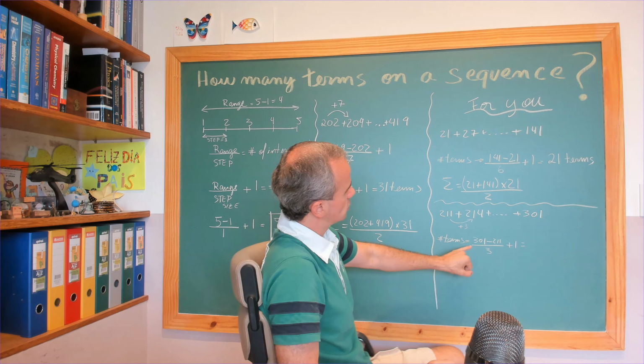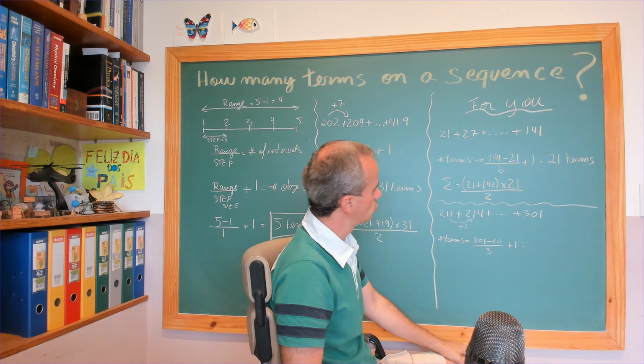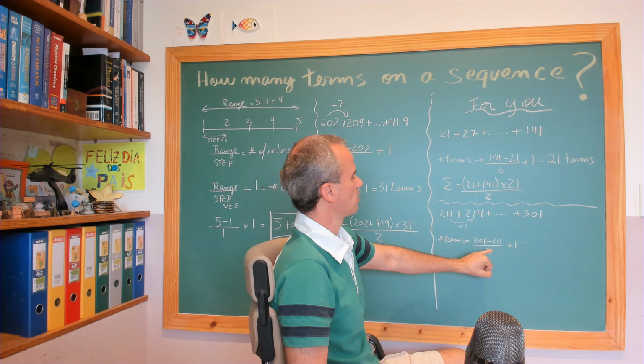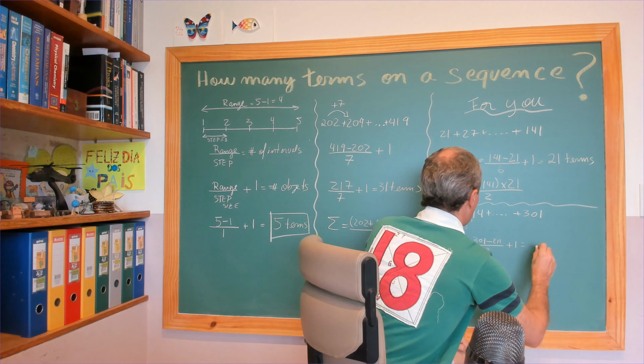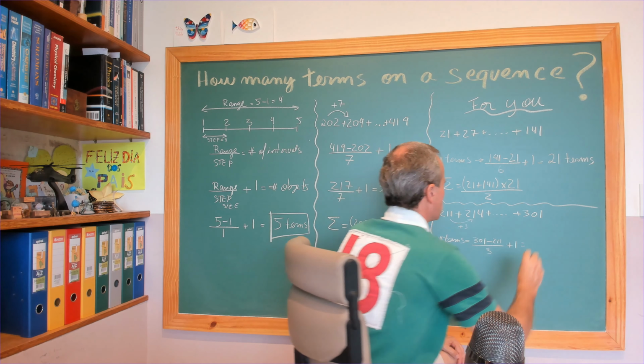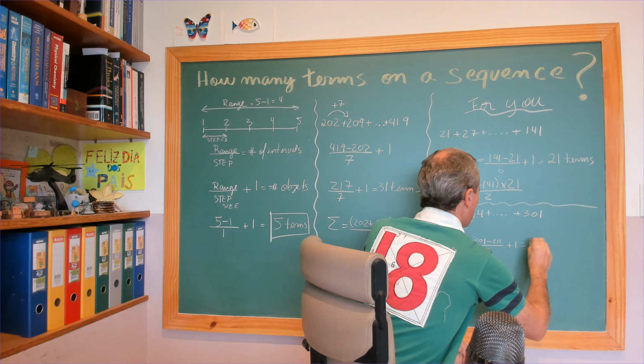So 301 minus 211 is 90. 90 divided by 3 is 30, plus 1, 31 terms. Isn't it so? Yes, it is.